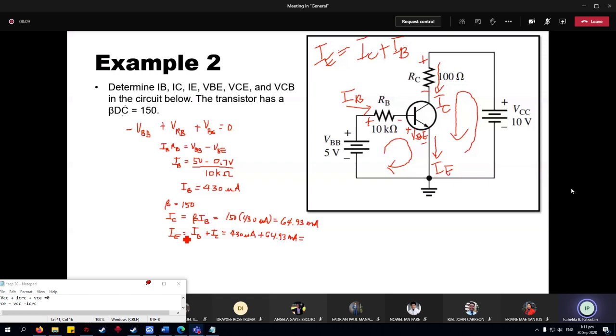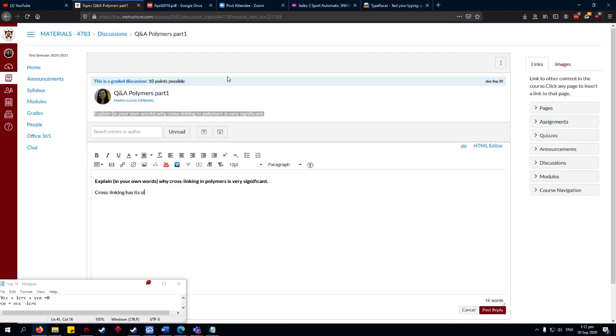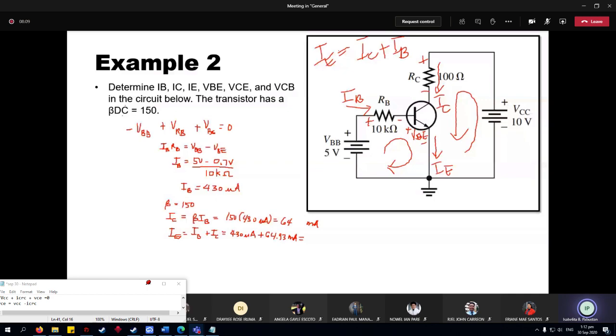This is 64.5 milliamperes. Let us fix that. Okay? So, this is 64.5 milliamperes. So, therefore, your IE will be equal to 64.93.